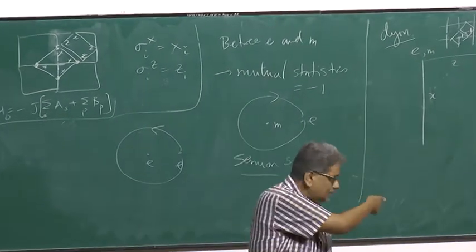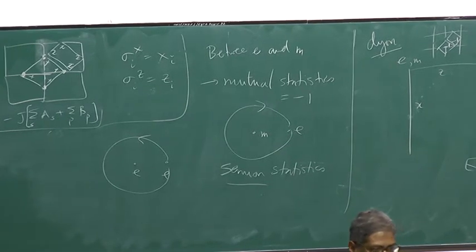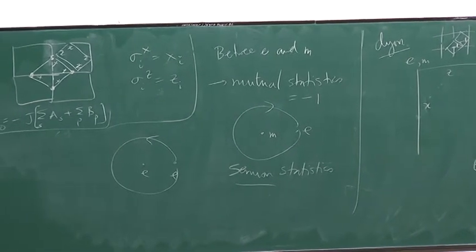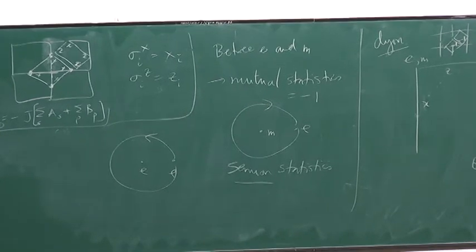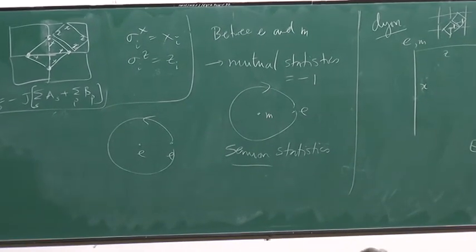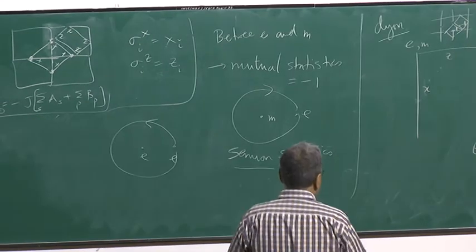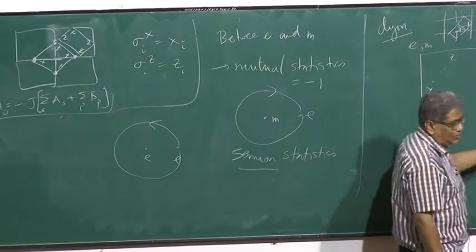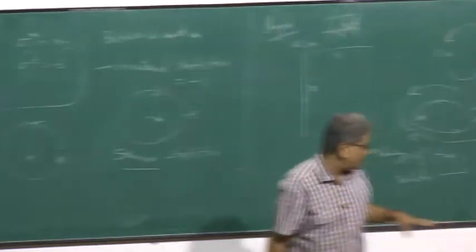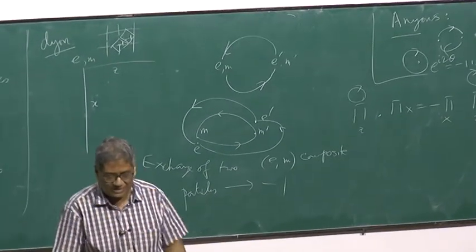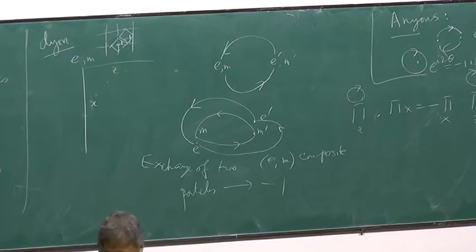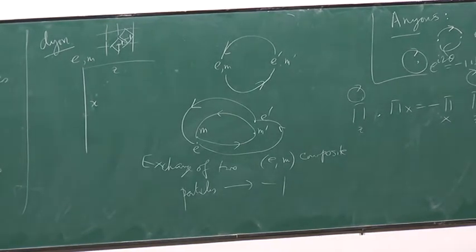And so you can interpret this phase change of -1 as a kind of Aharonov-Bohm phase for a particular value of the charge times the magnetic flux. So that is one reason why it is nice to call these electric and magnetic charges, because then you can understand this fermionic statistics from the fact that E and M going around each other pick up an Aharonov-Bohm phase. Okay.